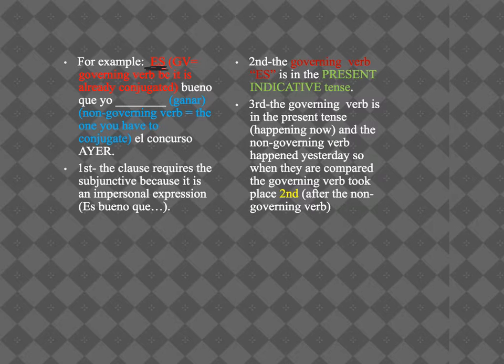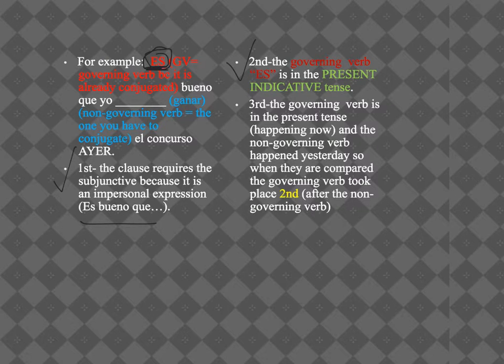So, again, my 3 conditions. First, does the clause require subjunctive? Yes, es bueno que, last time I checked, was an impersonal expression, so that's why I'm going to need subjunctive. So condition 1 has been met. Number 2, the governing verb is in a present or future tense. This is present indicative, so that meets condition number 2.